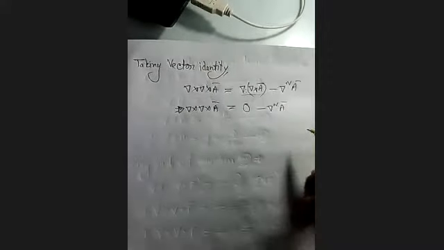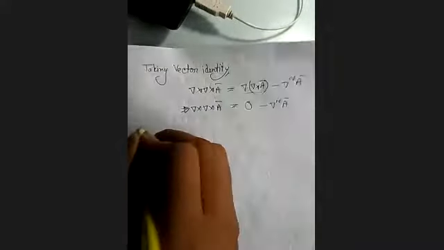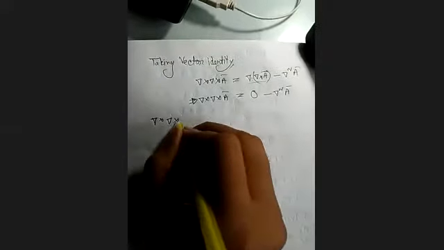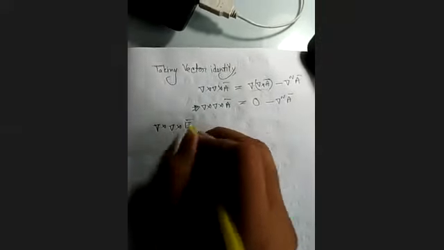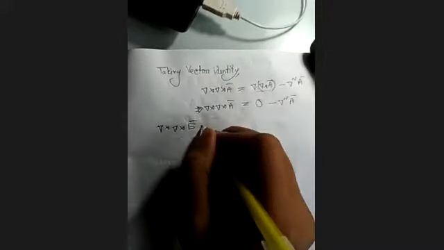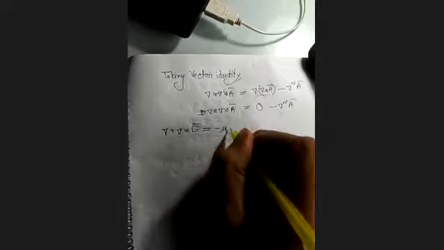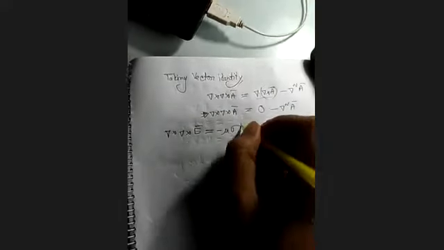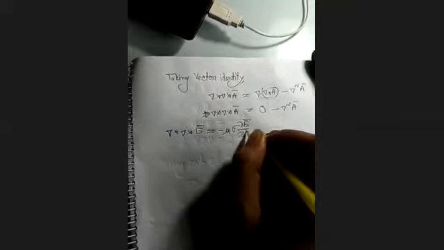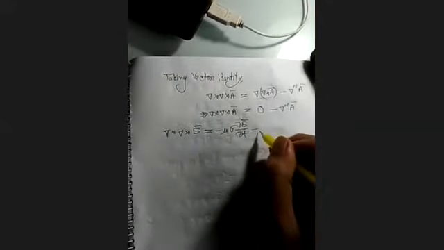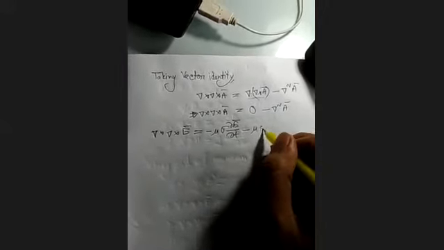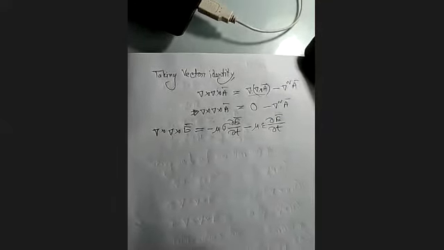What was our equation 5? Equation 5 was del cross E is equal to minus mu sigma del E divided by del t minus mu epsilon del E by del t. That was our equation 5.